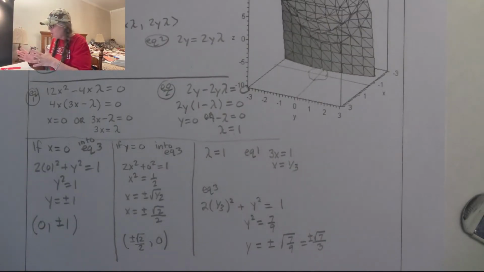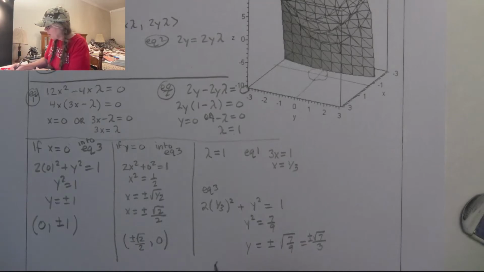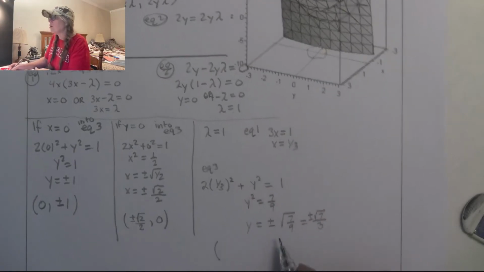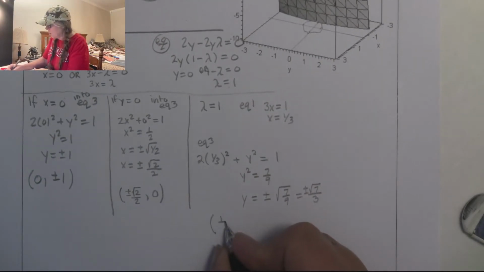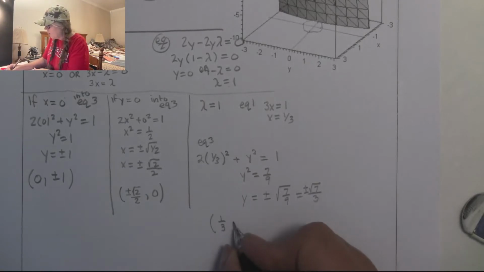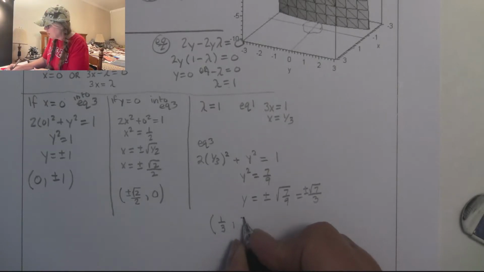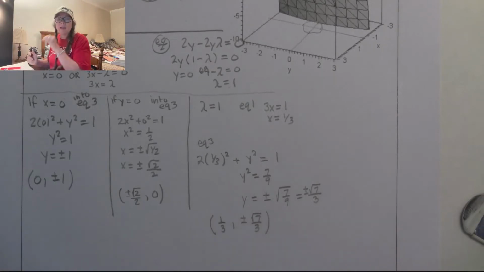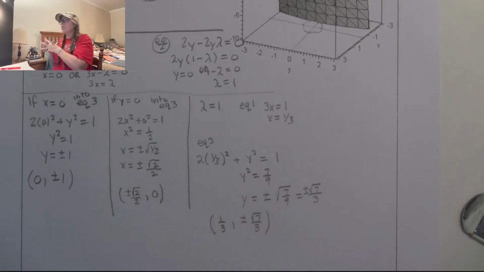And so this gives that point, x was 1/3, and then y was plus or minus square root of 7 over 3. Now what we're wanting to do is come up with the highest point and the lowest point.